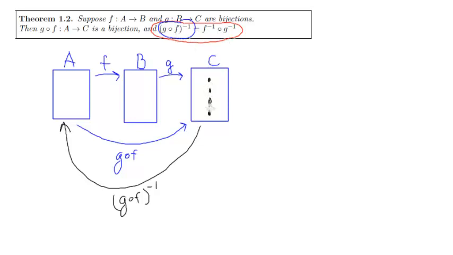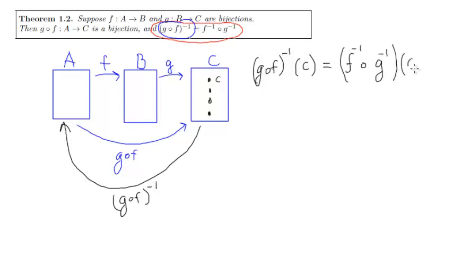So they act the same way on every element of C. What we must show is that for any element, I'll call it little c, of C, the function g composed with f inverse applied to c gives the same result as f inverse composed with g inverse applied to the point c. If they act in the same way on every single element of C, then the two functions are equal.